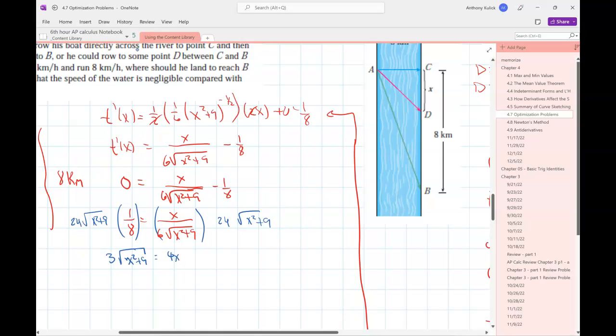Okay. I'll divide both sides. Maybe I'll just square both sides first and deal with that. Maybe that's better. Less fractions.